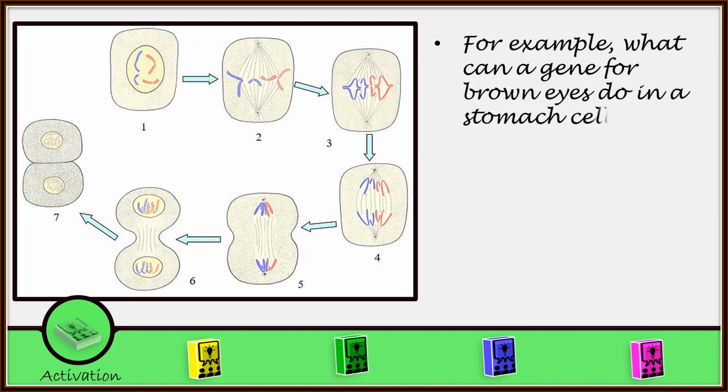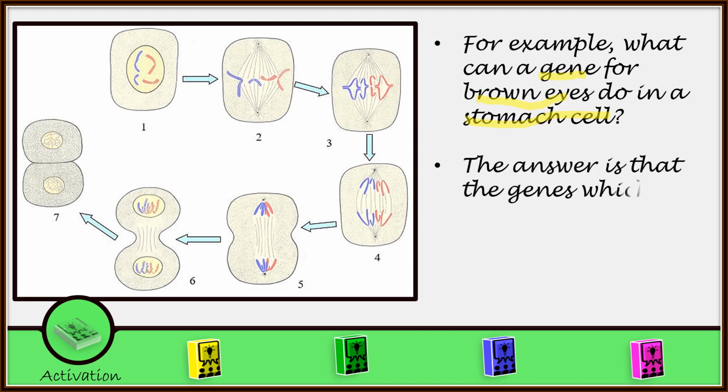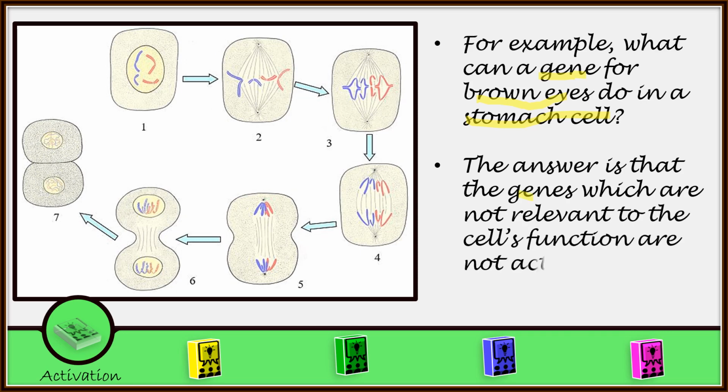For example, what can a gene for brown eyes do in a stomach cell? The answer is that the genes which are not relevant to the cell's functions are not activated.